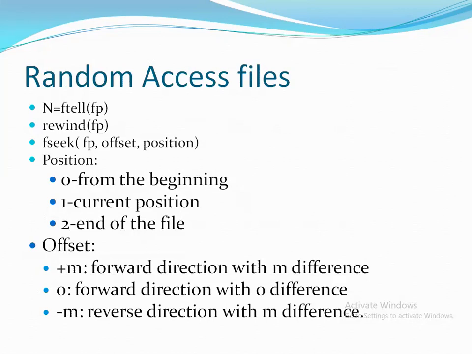Suppose you take one tape recorder, okay, nowadays we are not using a tape recorder or cassette. If you take the example of a tape recorder cassette, you can find the reel. All songs are stored in that tape in a sequential manner. First song, second song, and the last song.